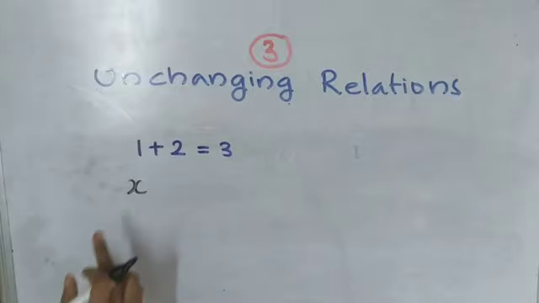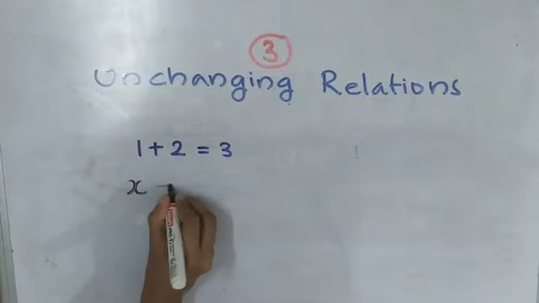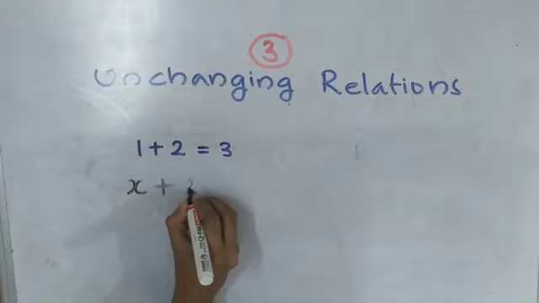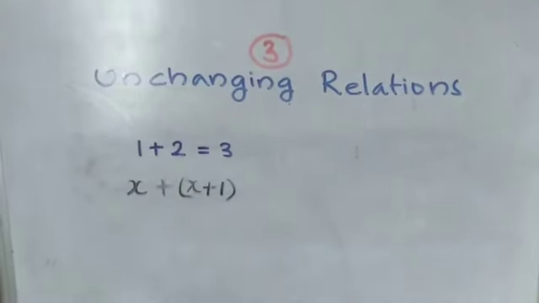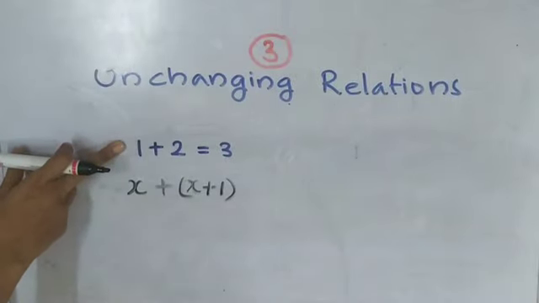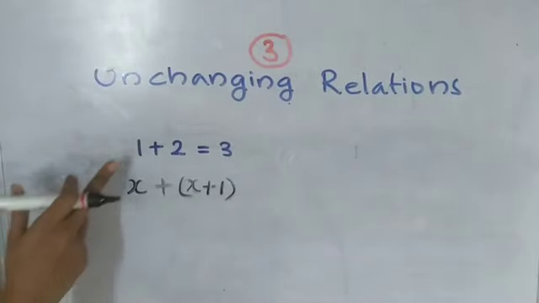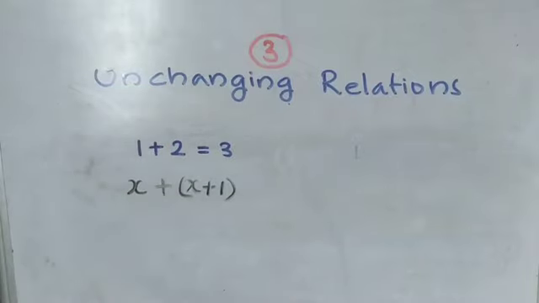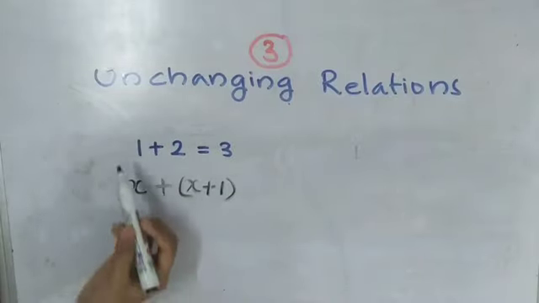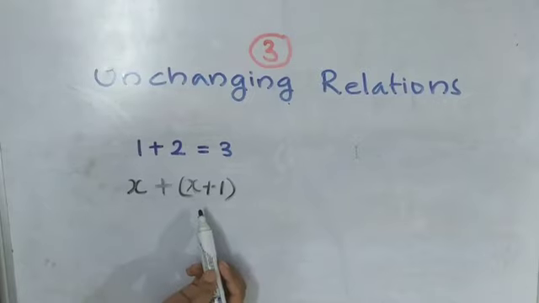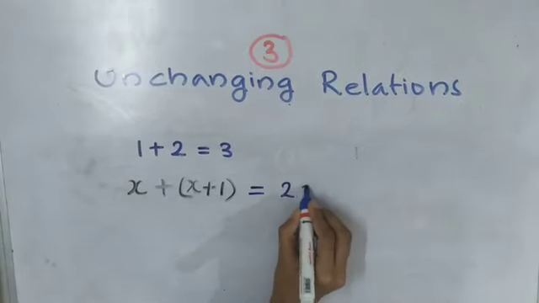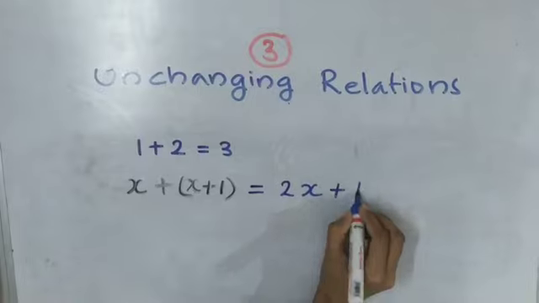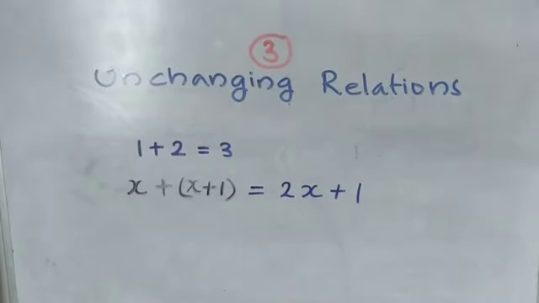That means the next number will be x plus 1. Here, for 1, the next consecutive number is 2, that is 1 plus 1. So if our number is x, the next consecutive number will be x plus 1. Then x plus x plus 1, the number will be 2x plus 1.